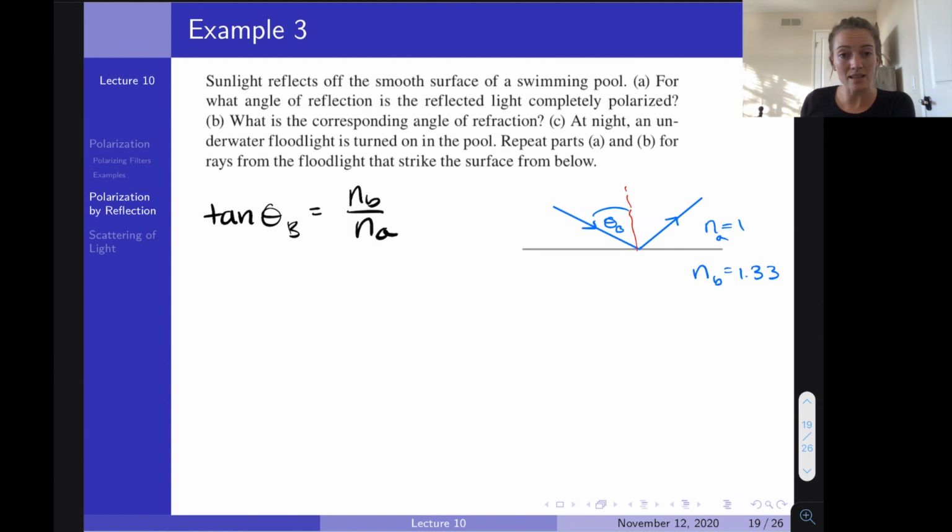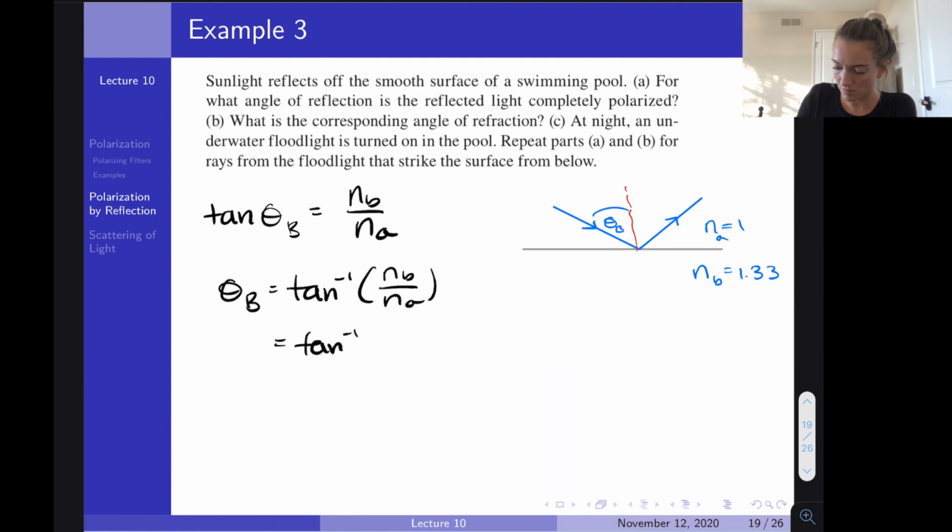And we just need to take the inverse tangent to find this angle now, right? Because we have the two indices of refraction. So we just take the tan inverse of both sides, where we get n_B over n_A.